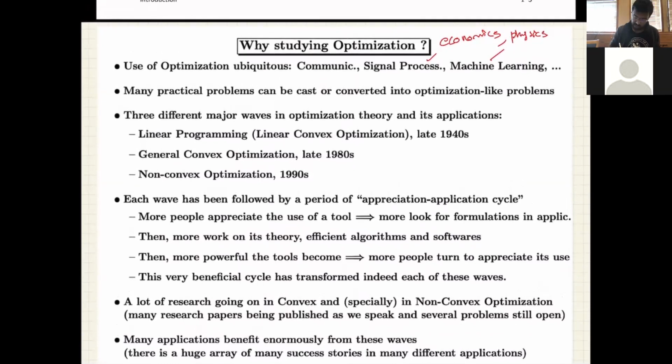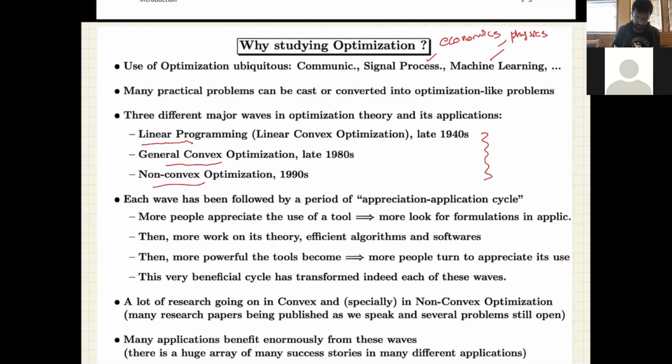And so there are three main waves or paradigms in the field of optimization. One was linear programming, the very initial phase of optimization theory. Then we have general convex optimization, then non-convex optimization. We will come to what is convex and non-convex very soon.